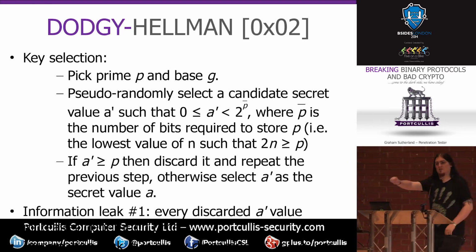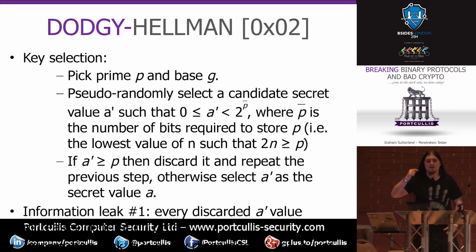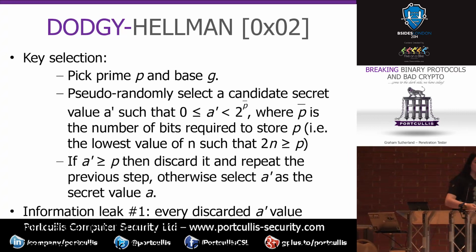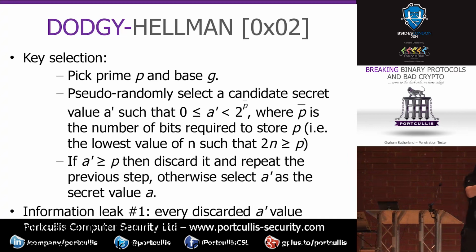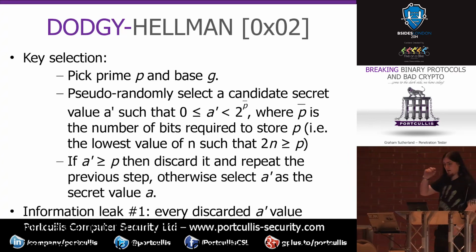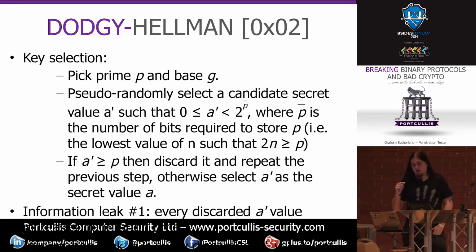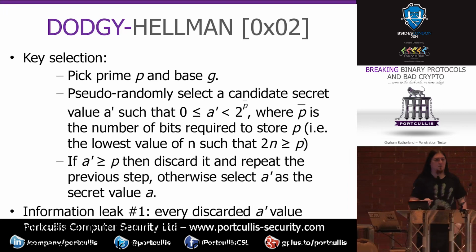Based on that, you can start to work out how many iterations I might have done in order to hit that value. So by knowing this public value and knowing how long it took me to generate the private value, you might be able to work out more information about what that value might be, or more importantly, about which values I discarded.